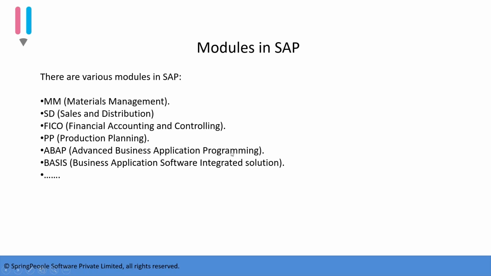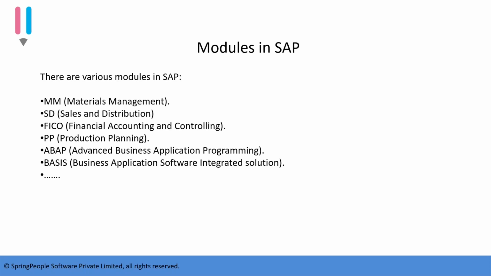Before explaining ABAP, I'll give a brief history of what SAP has done. SAP has done a global study of the business processes, and they have come up with solutions or processes which are used in almost all the companies, all the organizations, all the sectors.